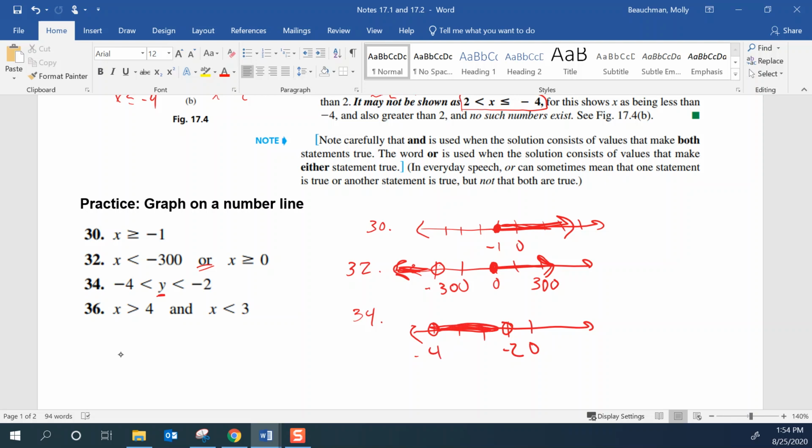Last but not least, this one: x is greater than 4 and x is less than 3. That's not possible for that to happen, so we can't graph that. The only way that would be possible is if it said or instead of and.